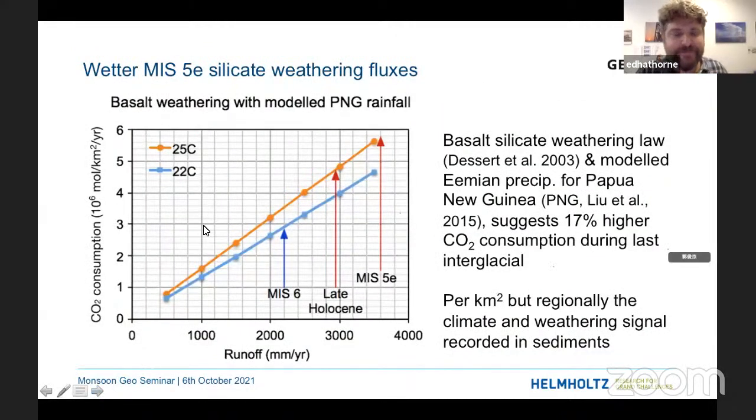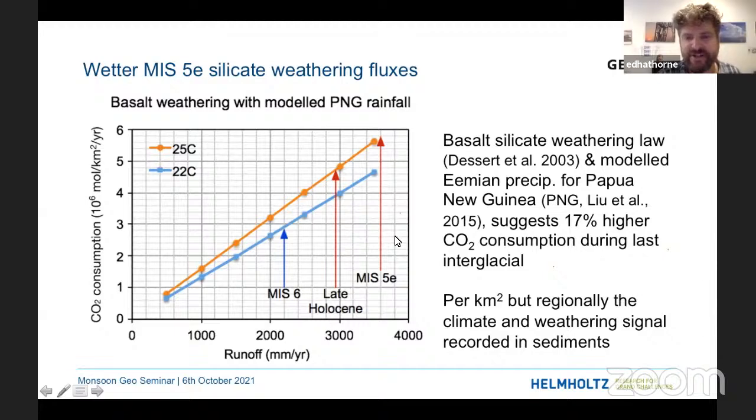There's a thought experiment I did, just thinking about how much silicate weathering could change with climate changes on glacial-interglacial cycles, for example. Here I took the basalt silicate weathering law, which gives you CO2 consumption for a temperature and a runoff. And I took modeled precipitation from Papua New Guinea.